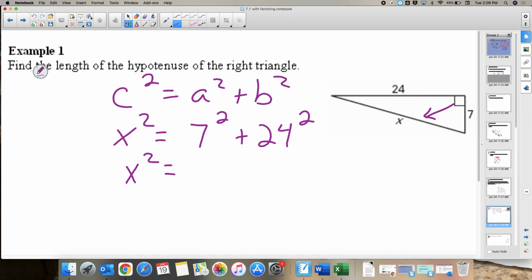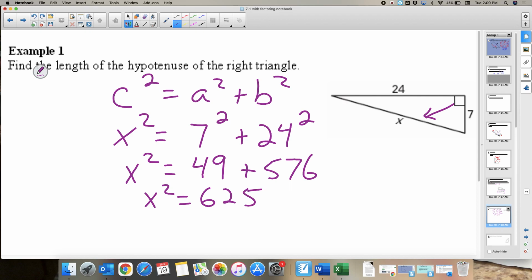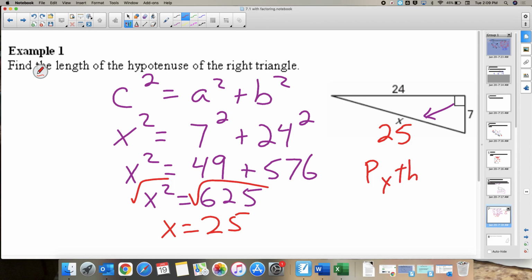So we get x squared equal to 7 squared, which is 49, plus 24 squared, which is 576. Add them together, we get x squared equal to 625. To solve our equation, we take the square root of each side. We get x to equal 25. Notice these are 3 whole numbers. This is another example of a Pythagorean triple.